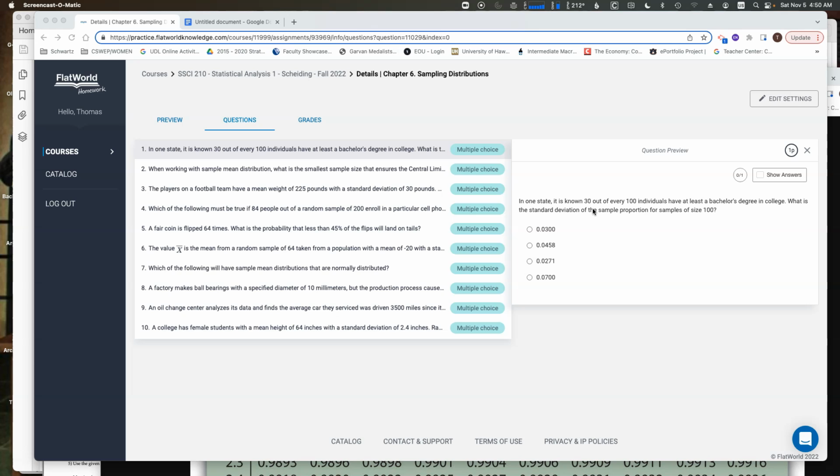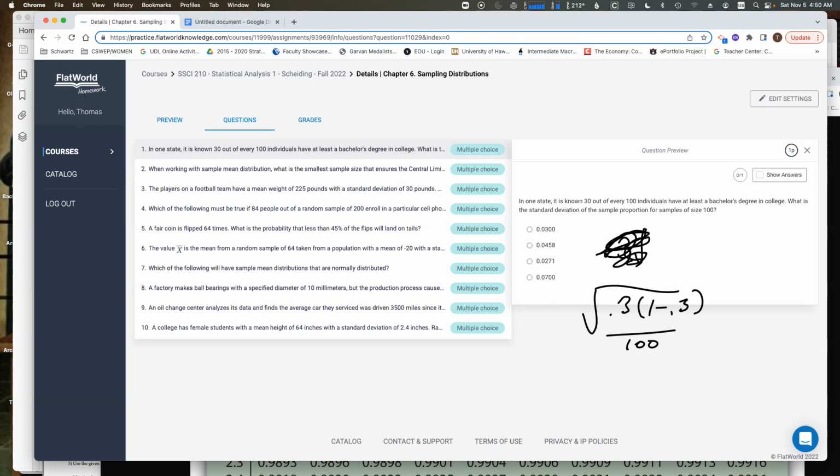Okay, so 30 out of 100 is 0.3. So that makes our life easy here. Because then that would mean the square root of 0.3 times (1 minus 0.3) over our sample size 100.